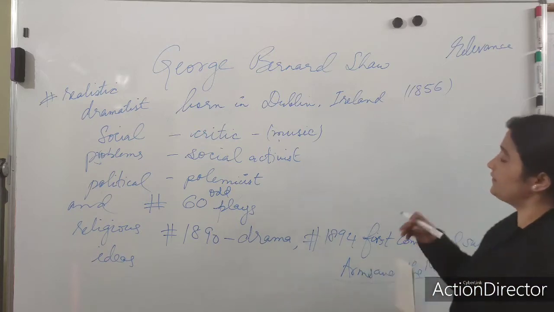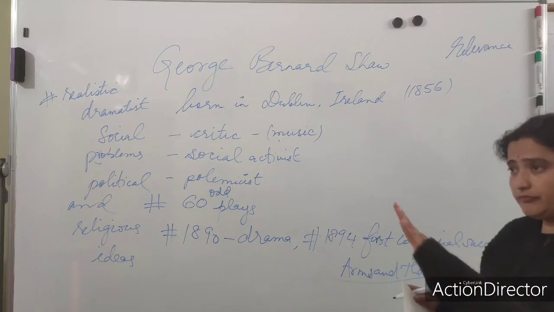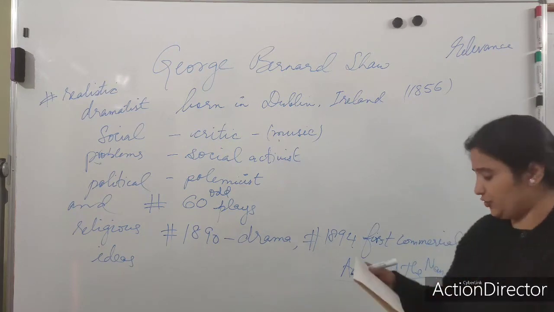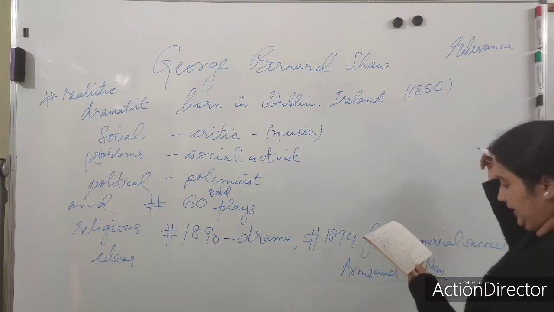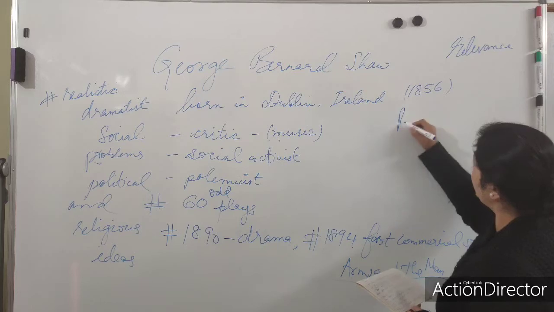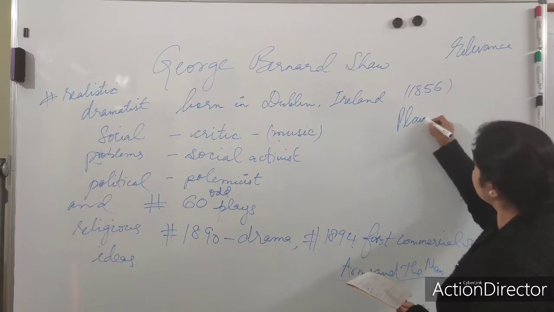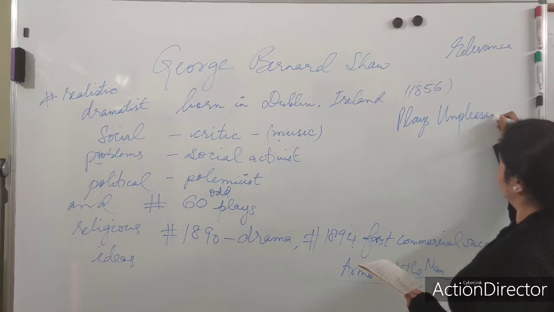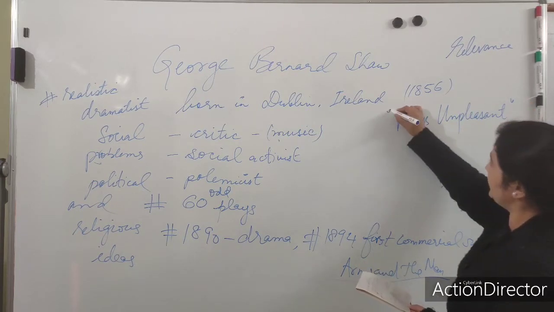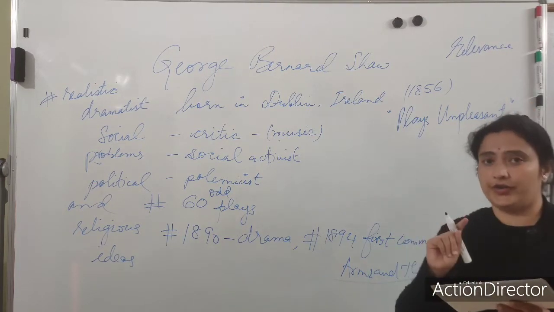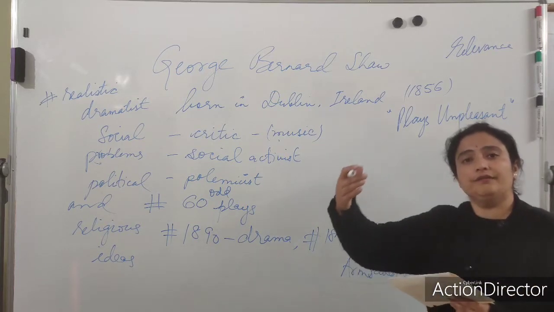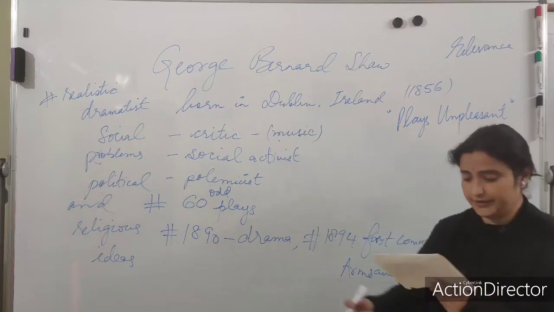Now, his first three plays, he clubbed them into one trilogy, which he called Plays Unpleasant. Okay, this was the name of his first trilogy. By trilogy, I simply mean it included his first three plays, right?